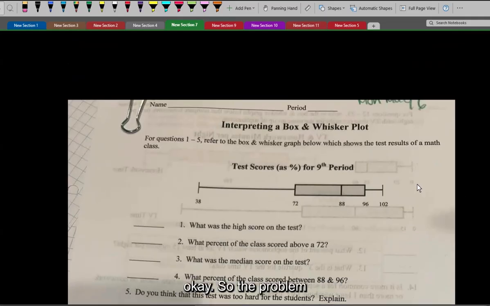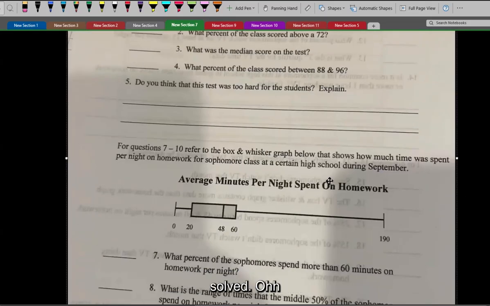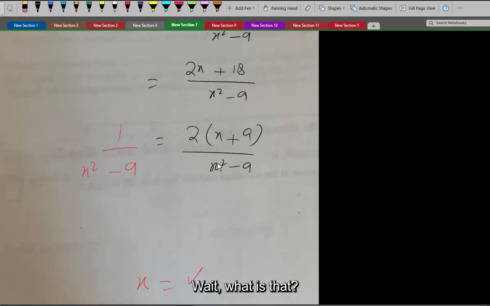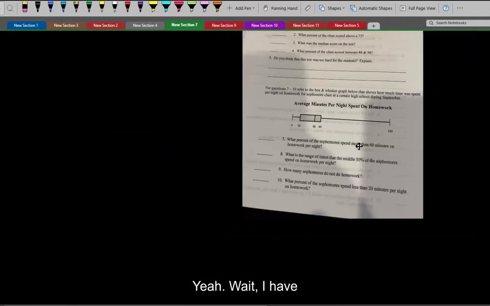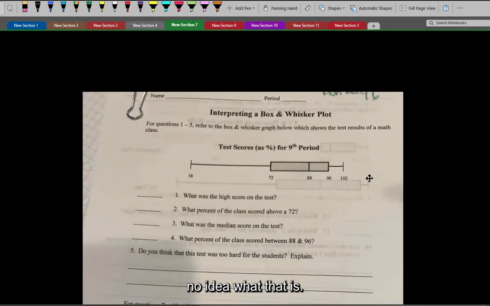Yeah, I got it in the message. Well, okay. Wait, what is that? I have no idea what that is. Okay, sometimes we make some mistakes. Yeah.